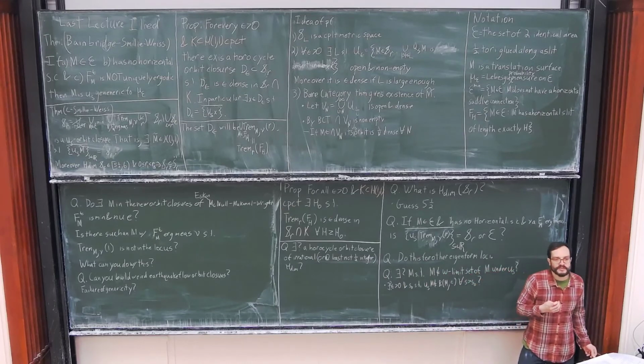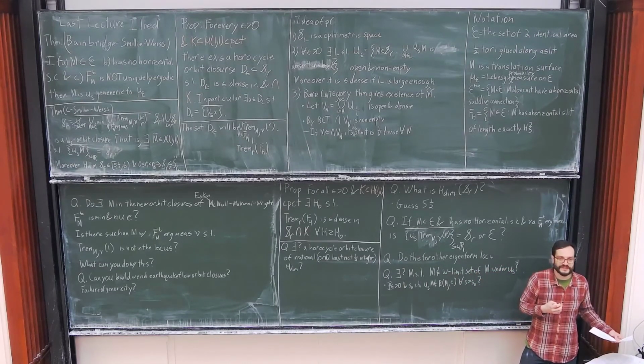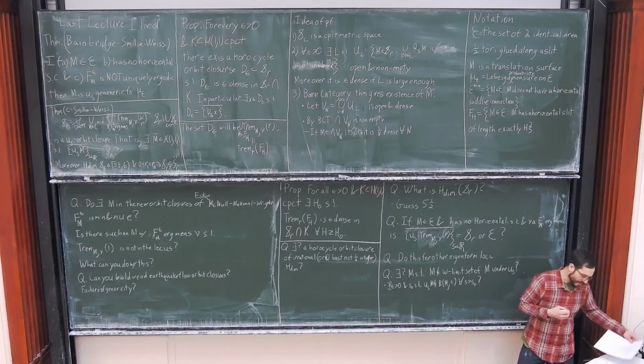And I think tori in other situations, other than eigenform loci, are natural places to try and go about doing this.